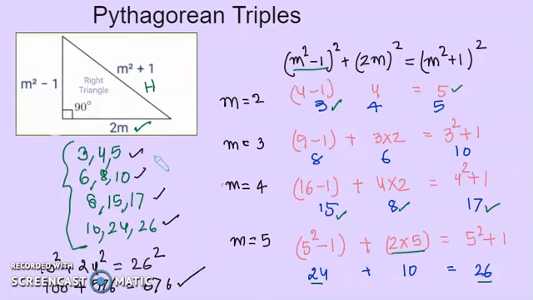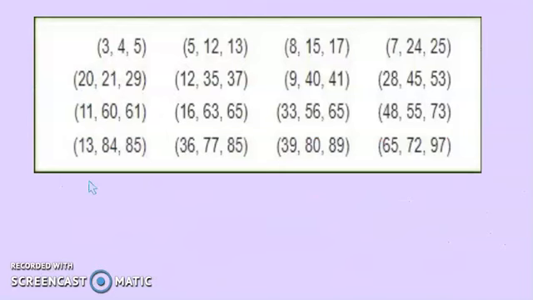So you can use this formula to generate Pythagorean triples. Now here you can see a few Pythagorean triples: 3, 4, 5; 5, 12, 13; 8, 15, 17. These are all sets of Pythagorean triples, and you can find many more.